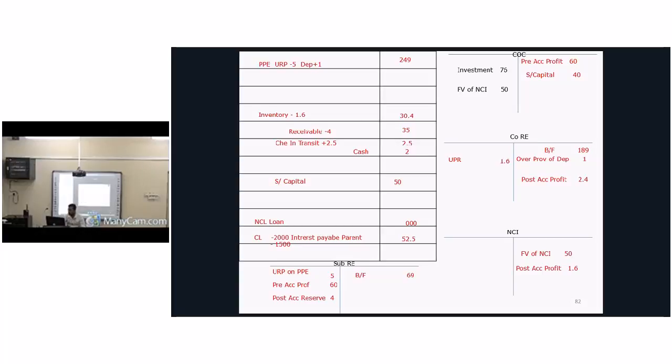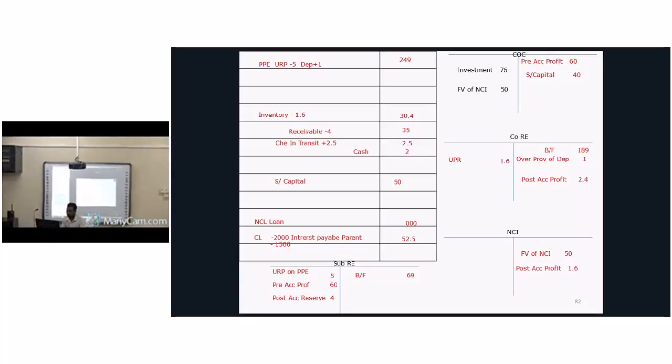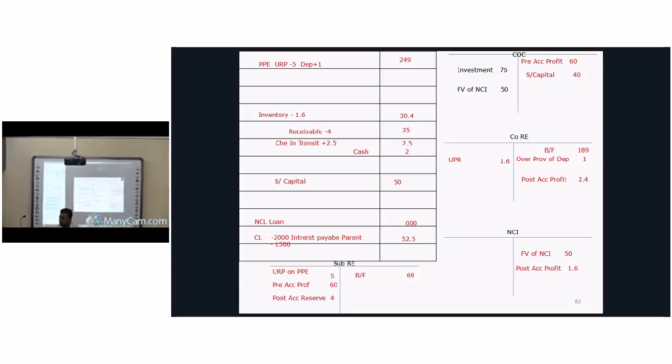And we can close the cost of control account. Goodwill on consolidation is 25. We will take goodwill here.